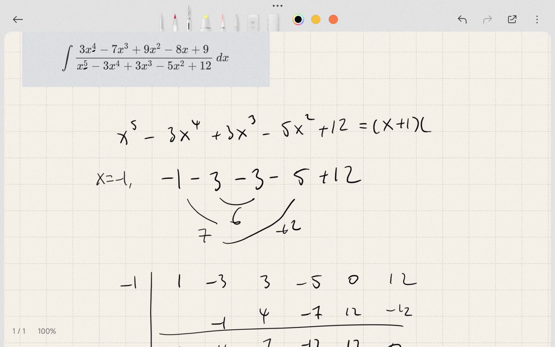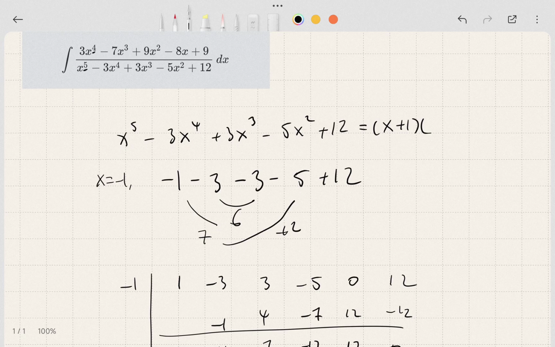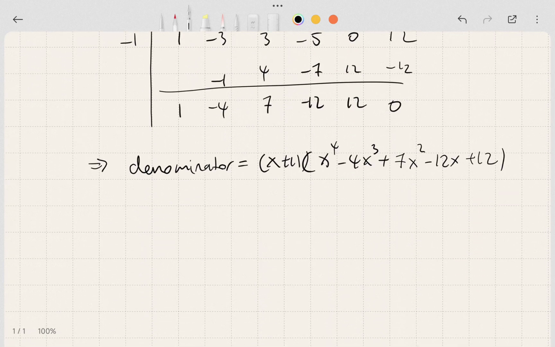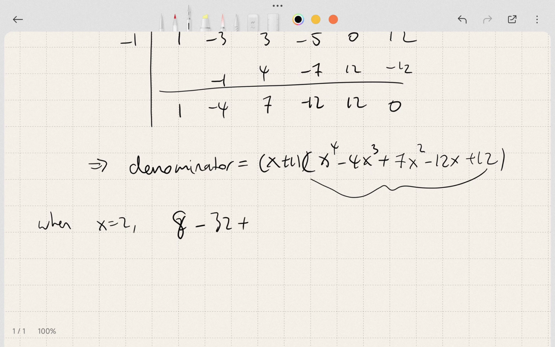Now let's think about what else we can do to the expression. Can we factorize this further? We've tried 0 and plus and minus 1. Let's try 2. So when x equals 2, 2 to the power of 4 is 16, minus 4 times 2 cubed is 8, 4 times 8, 32, plus 7 times 4, which is 28, minus 24 plus 12.